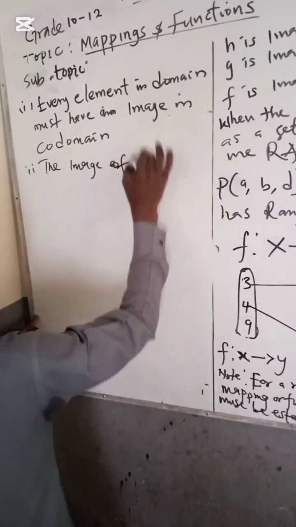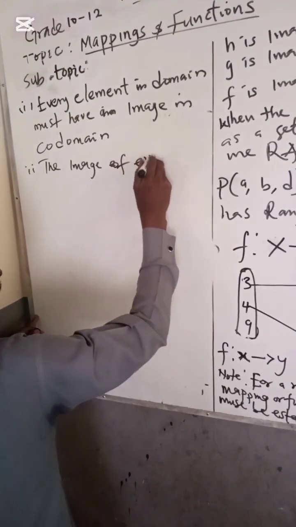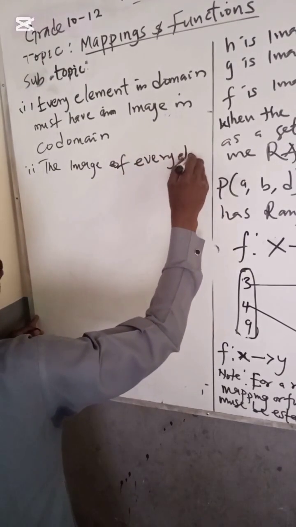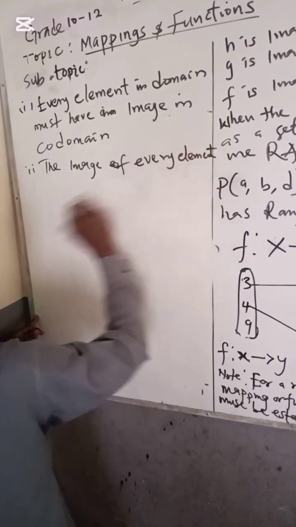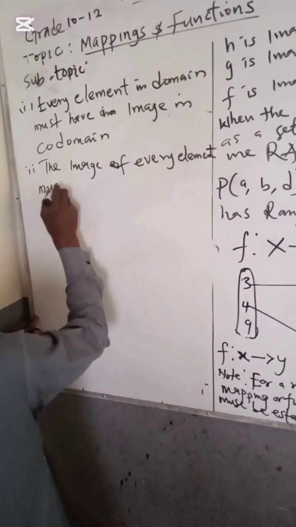Then two: the image of every element must be unique.